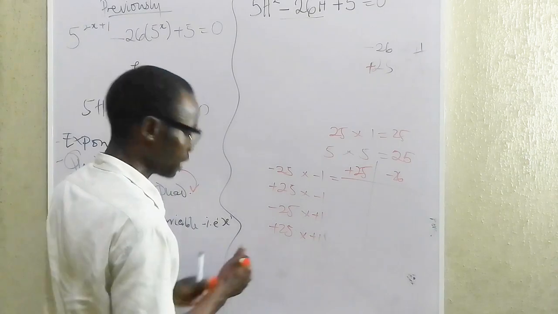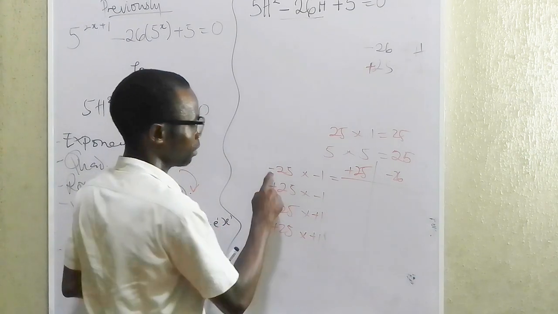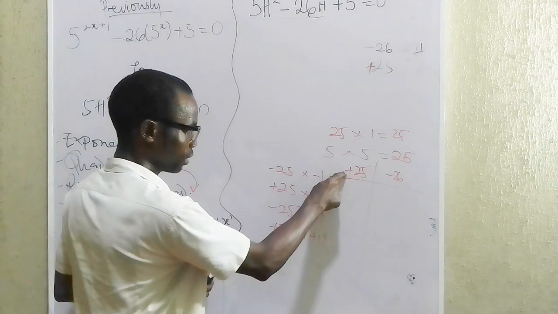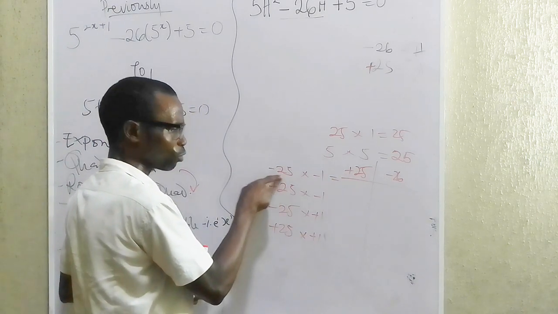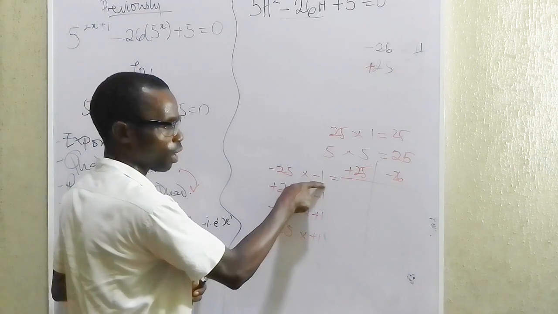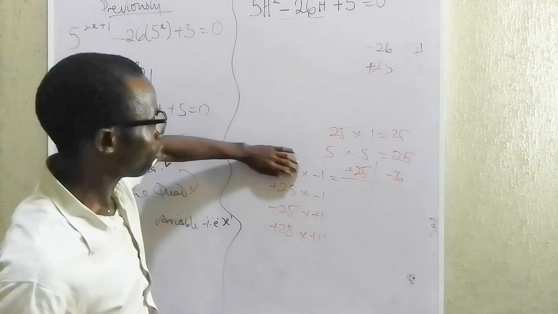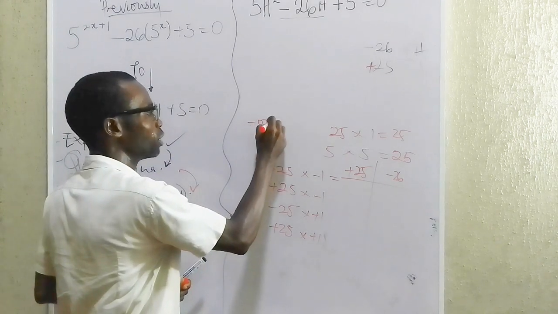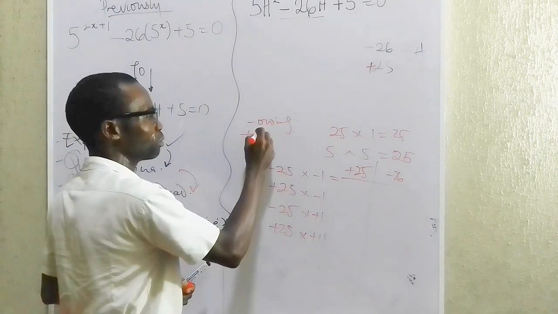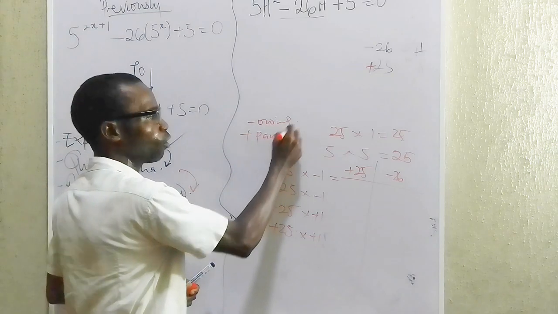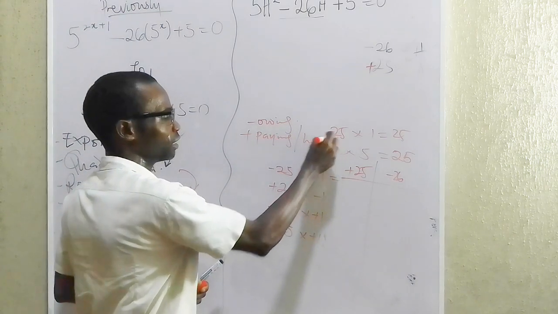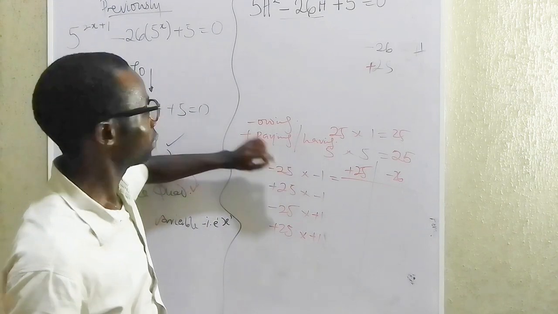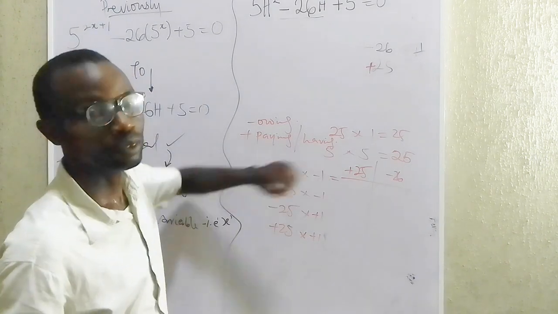Let's see. Now, if I have minus times minus, minus times minus will give us plus, okay, and then minus 25 minus 1. What that means is this: I'm owing $25. I told you previously that minus means owing, while plus means you are paying or you are having. In this case, I'm owing $25 and I'm also owing $1.